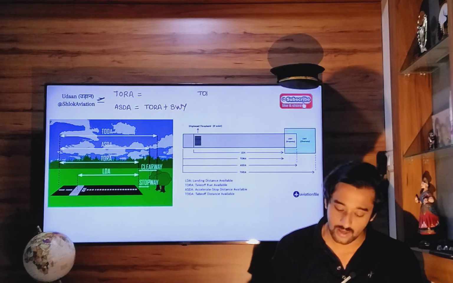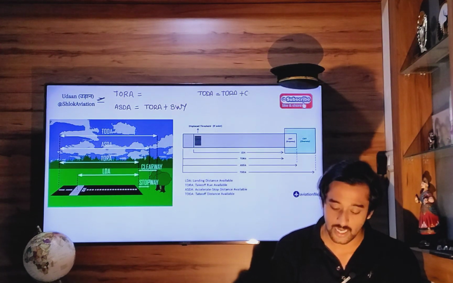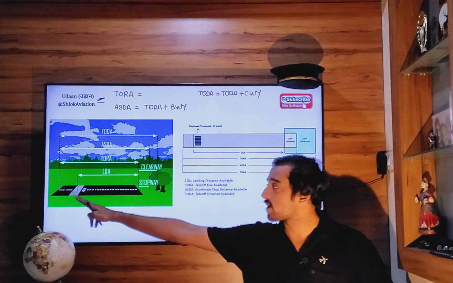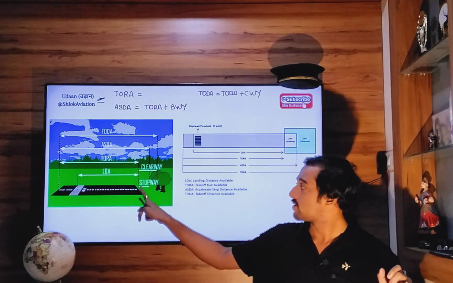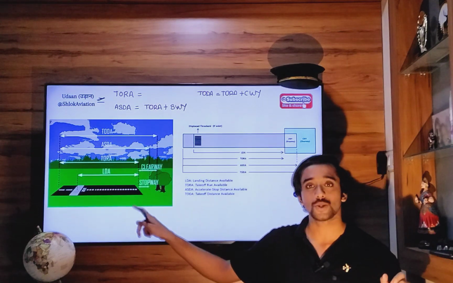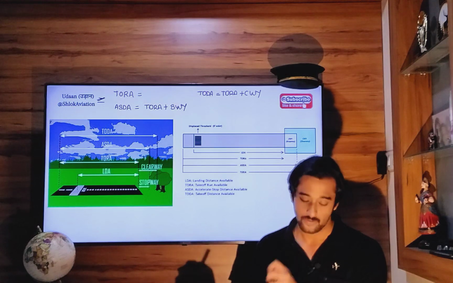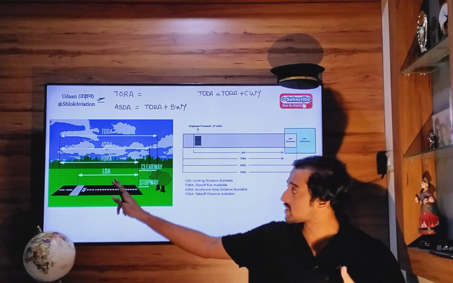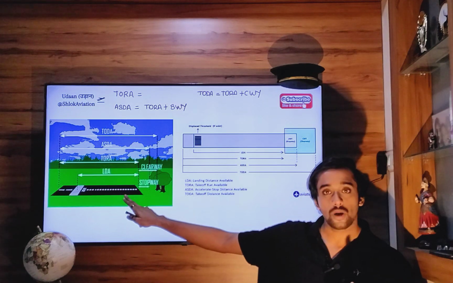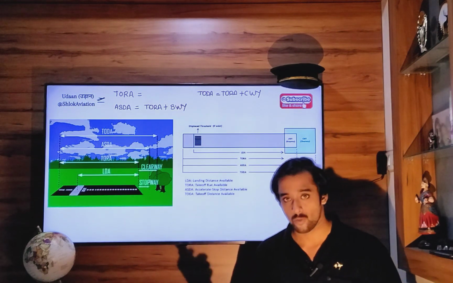Takeoff distance available is equal to takeoff run available, the entire runway distance, plus clearway. So these two formulas you must remember. Accelerate stop distance equals runway plus stopway. Takeoff distance available equals runway plus clearway.